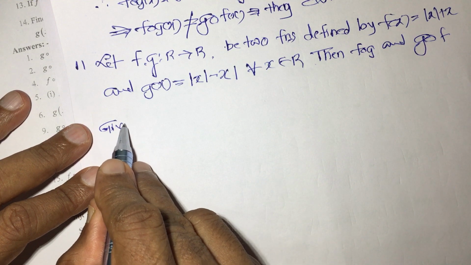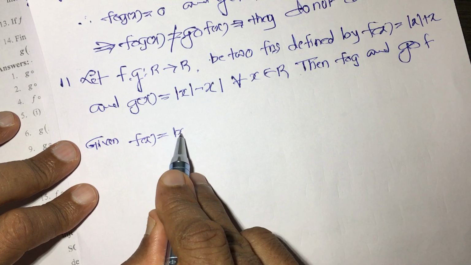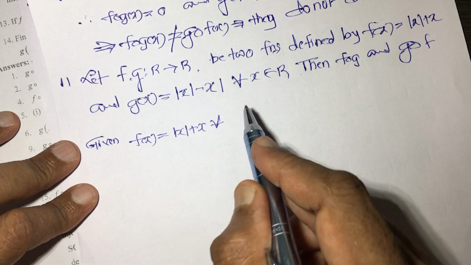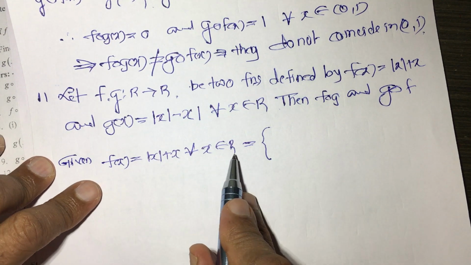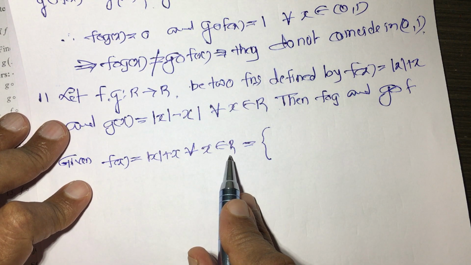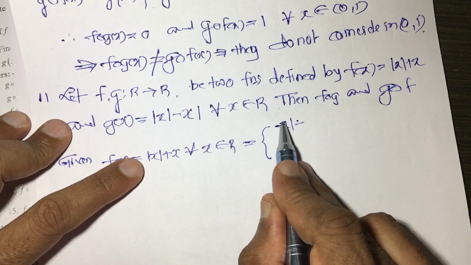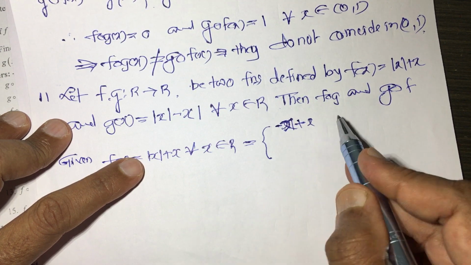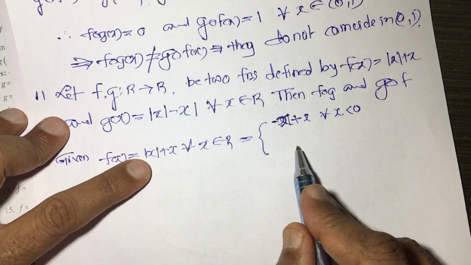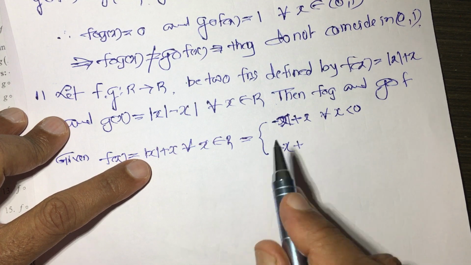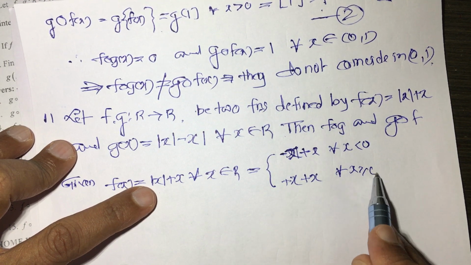Given f of x is mod x plus x for all x belongs to R. I divide the set of real numbers into negative real numbers and positive real numbers. For negative x, mod x is minus x, so minus x plus x for all x less than 0, and for x positive, mod x is x, so x plus x for all x greater than or equal to 0.